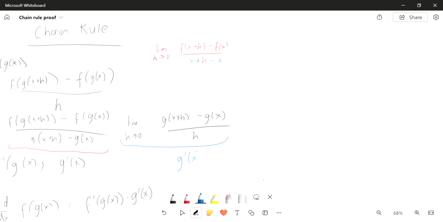So using that logic, you could group x plus h and x separately. And that's what kind of shows in this expression. We have g of x plus h minus g of x on the denominator and f of g of x plus h minus f of g of x on the numerator.